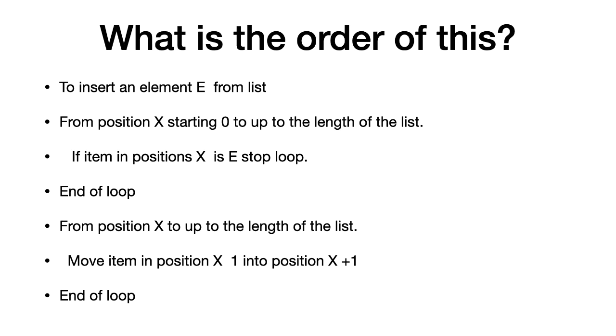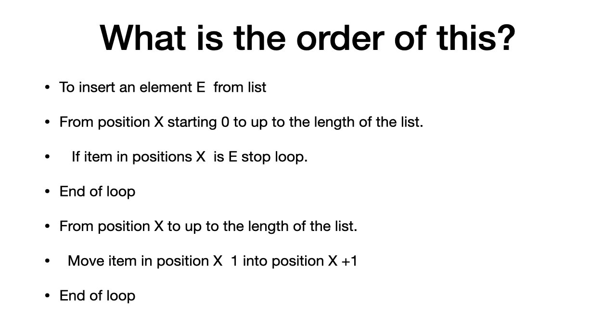Well, the first thing we have to do is find the element we want to remove, don't we? So we're going to start from the beginning, 0, and we're going to go up to the end of the list. It's got to be within there somewhere, and if it's not, we just won't remove anything. So if the item is at position X, we just remember where the X is, and then we break the loop and skip out.